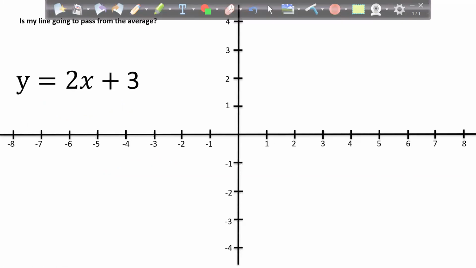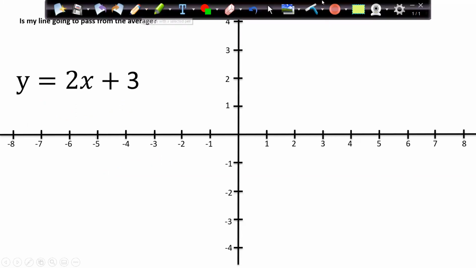Now one more important concept, very, very important concept. Is my line going to pass from the average or not? Now what does that mean? Let's say I have x and I have y. Let's choose the value of x: x is 0, x is 1, x is 2, x is 3.